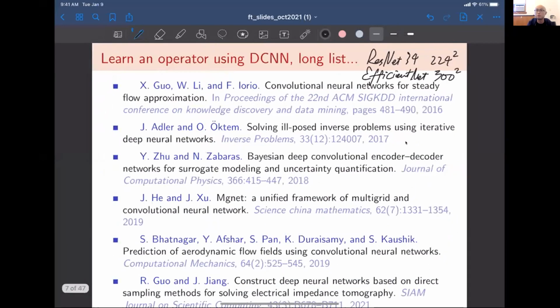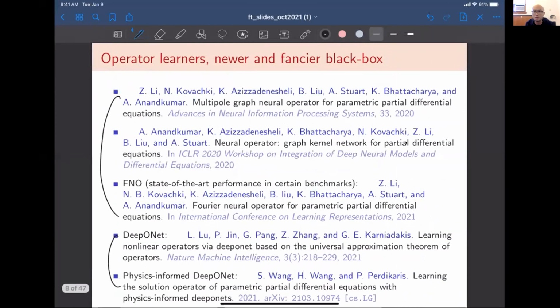So there are two groups of people aiming to train a fancy black box model to remedy this drawback of CNN. Our model shouldn't be at a fixed resolution. The first, I list, is the Caltech group. They claim in their last year's paper, Fourier neural operator, they achieved state-of-the-art performance.